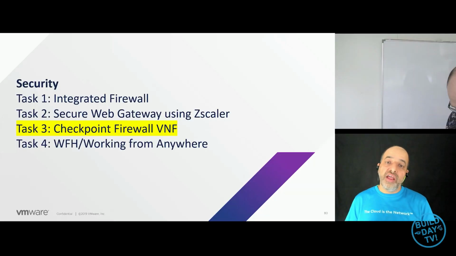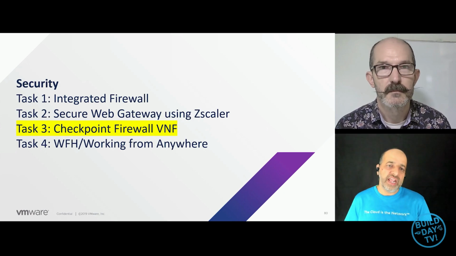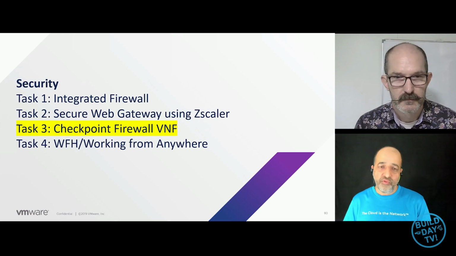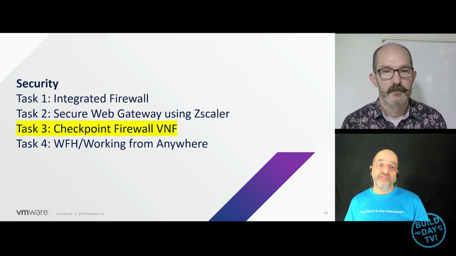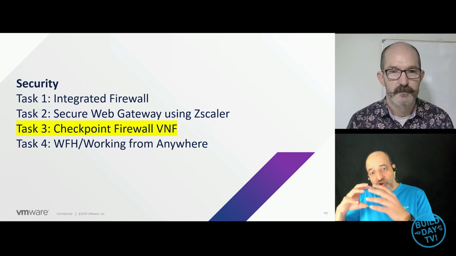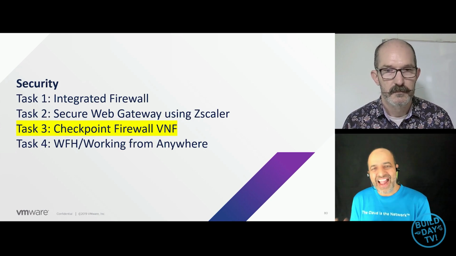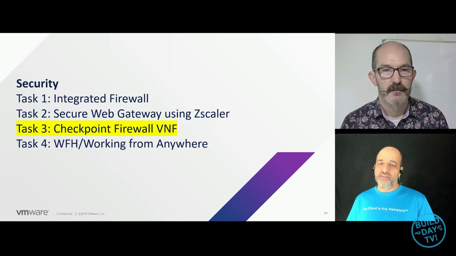The third option, if you remember, with the security, is instantiating a third-party security firewall. In this case, Check Point firewall security on selected VMware SD-WAN edge platforms, which are already VNF ready. The key here is that the orchestration and initial instantiation will happen from the orchestrator.